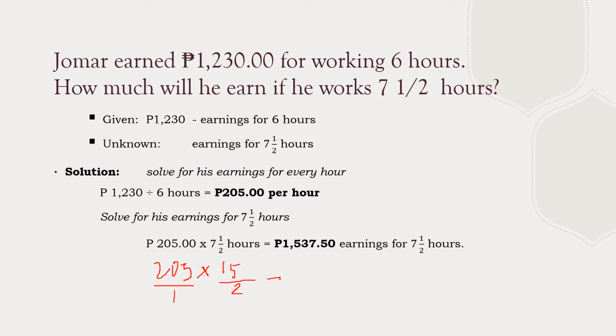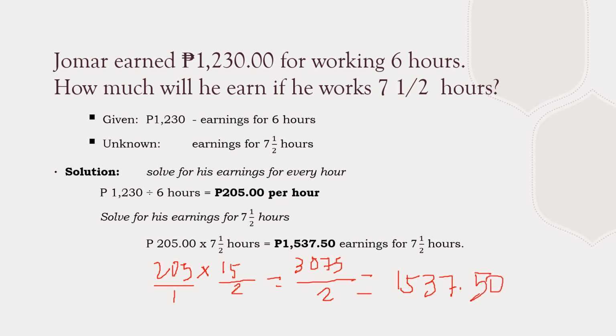Now let us proceed to multiplication. 205 times 15 is 3075. And then divided by 2, so the earnings for 7.5 hours of working will be 1,537 pesos and 50 centavos.